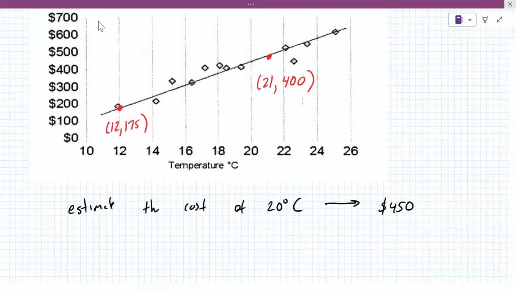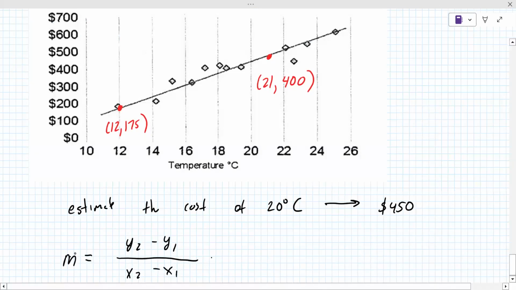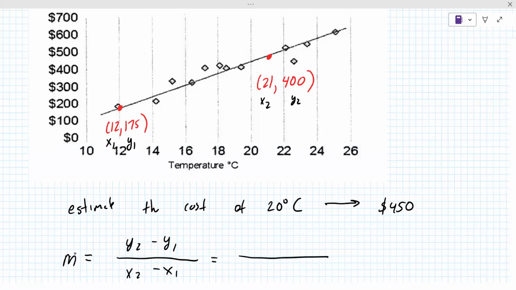I want you to find the slope between those 2 points. The slope is y2 minus y1 over x2 minus x1. If you need to, you can label them x1 and y1, x2 and y2. It's good to label them and do them in the order you see them in. Not required, but best practice.